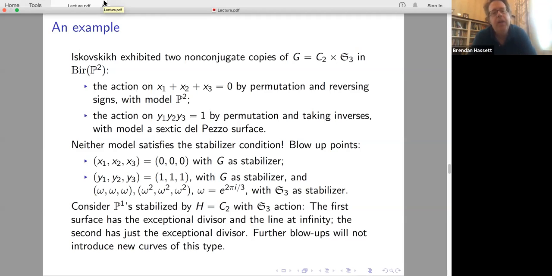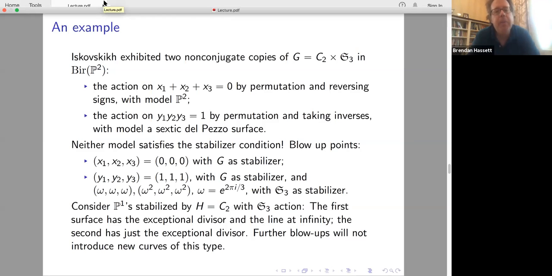This gives you an action on the torus, and it compactifies to give you an action on a sextic del Pezzo surface. In fact, it's a well-known fact that for a sextic del Pezzo surface, the automorphisms modulo the connected automorphisms are S3 cross C2. So you're basically just picking those things up.